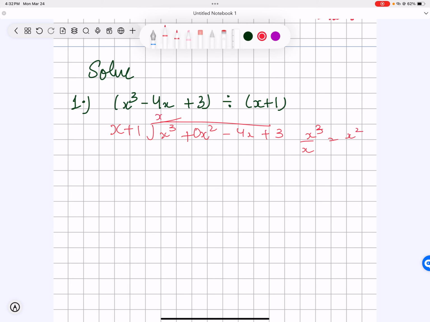and then I write x squared here, and then I multiply by this. X squared into x plus 1 gives me x cubed plus 1x square, and then I write that here.